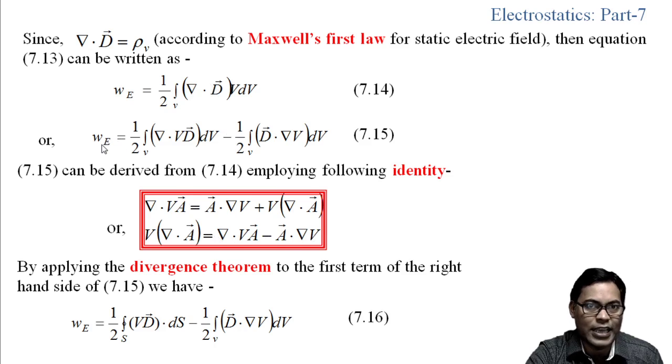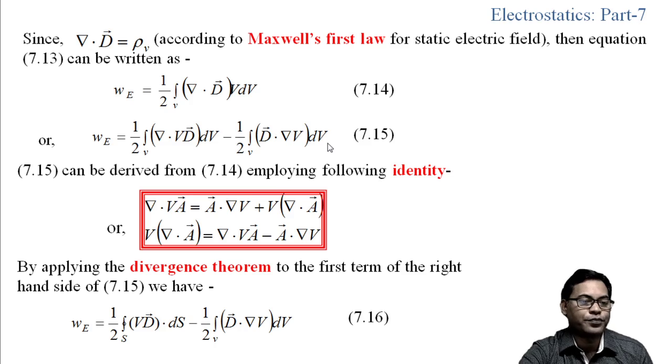So we get expression 7.15: W equals half of the volume integral of del dot VD dv minus half of the volume integral of D dot del V dv.